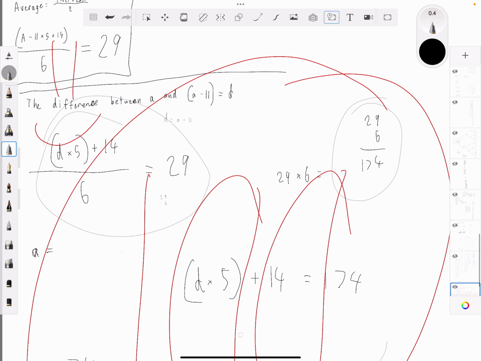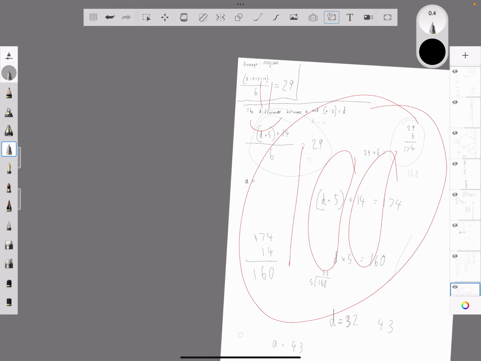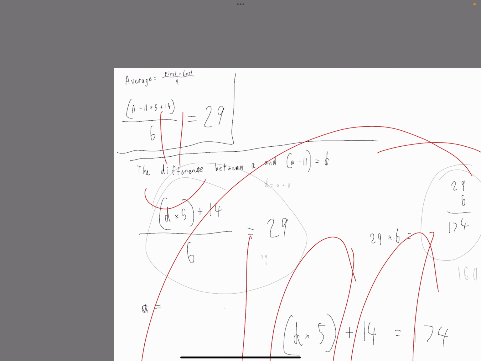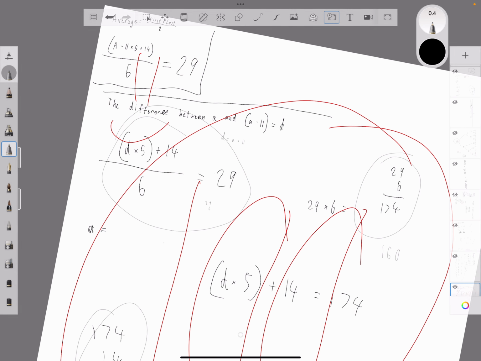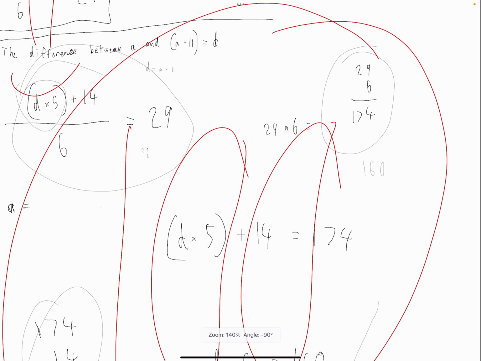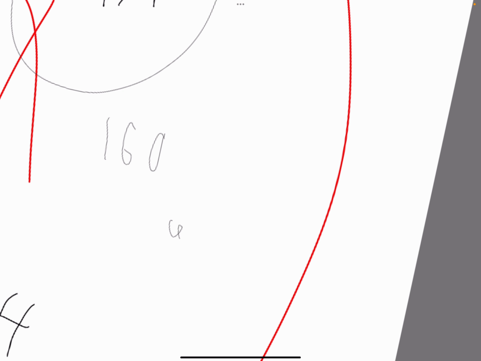So now it's 160. So D times 5 equal 160.